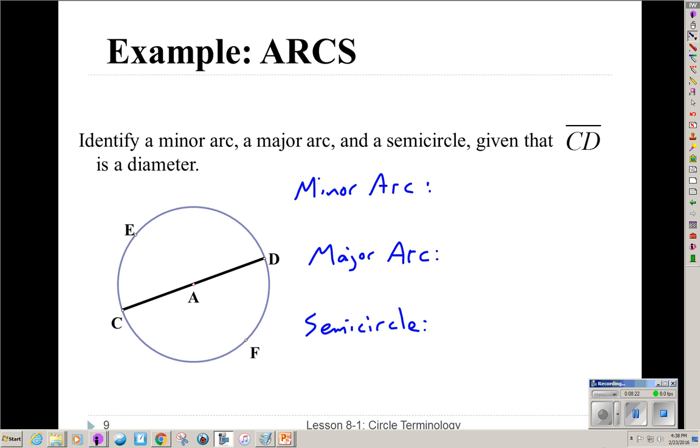Identify a minor arc, a major arc, and a semicircle, given that segment CD is a diameter.